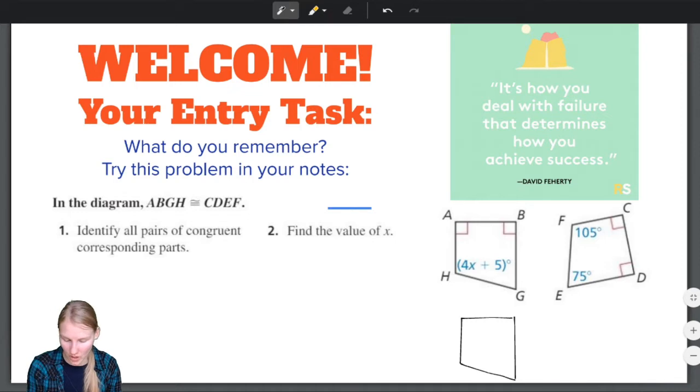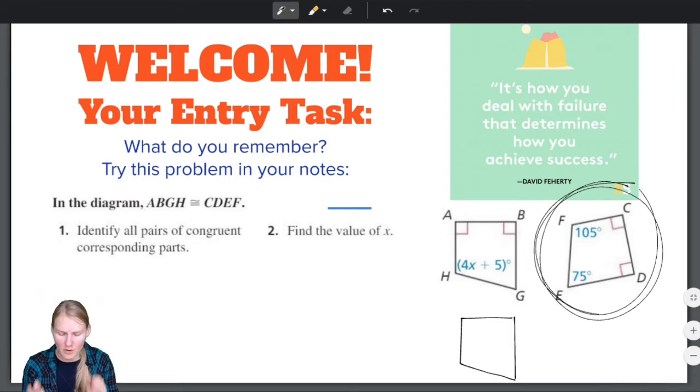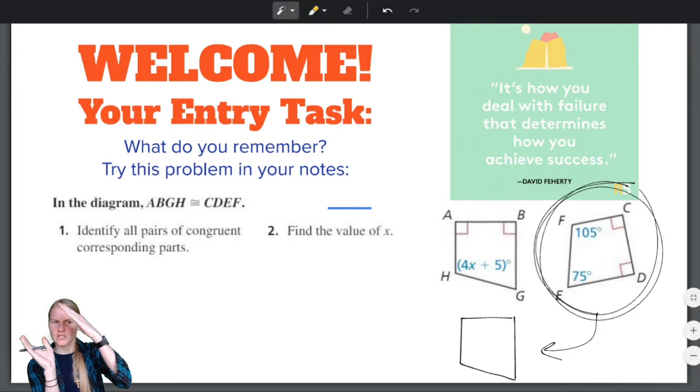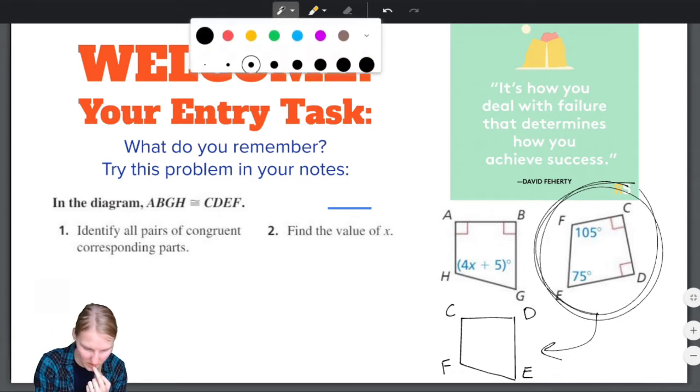Okay, so how could I move quadrilateral CDEF? How can I move it so that I get this shape? Well, I just need to turn it, right? I just need to take it and turn it about 90 degrees, maybe a little bit more than 90 degrees. So E would be here, F would be in the bottom left, C would be in the top left, and D would be in the top right.